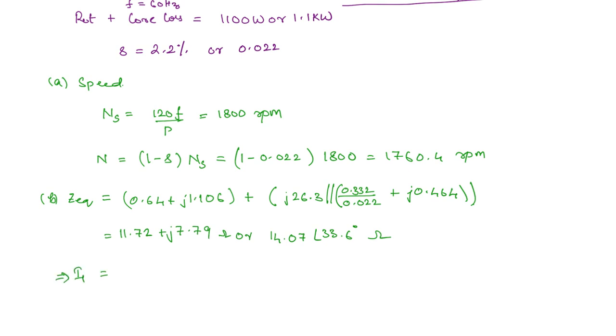This is equal to 460 divided by root 3 divided by the equivalent impedance 14.07 angle 33.6 degrees. What about the phase here? We take it as 0 degrees, since the voltage is usually taken as the reference phasor. If you calculate, you are going to get 18.875 angle minus 33.6 degrees amperes.